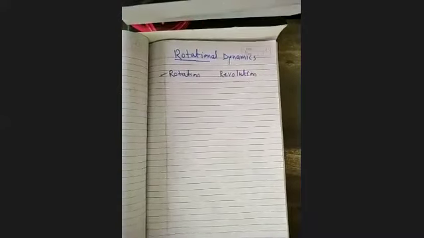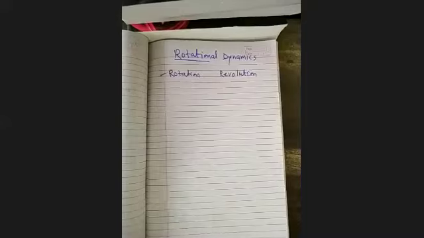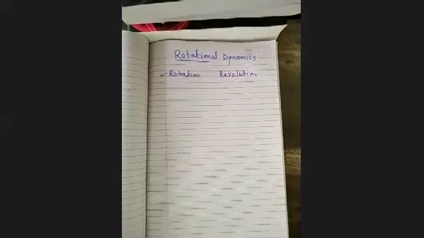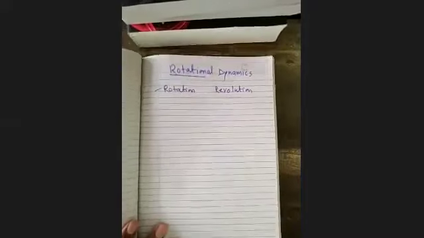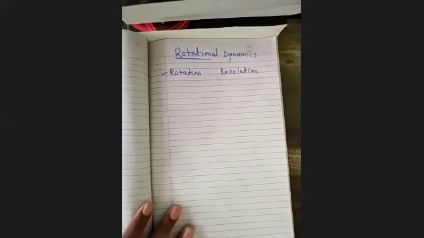So what rotation is: rotation is nothing but something moving around a fixed axis. Let's take an example of a door. A door rotates around a fixed axis, so that is rotation.